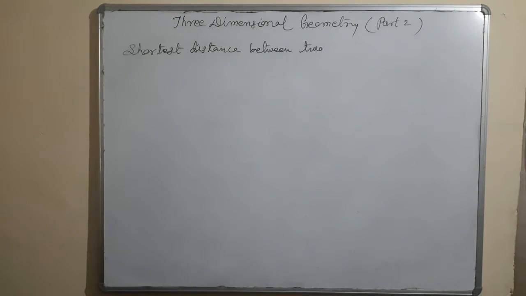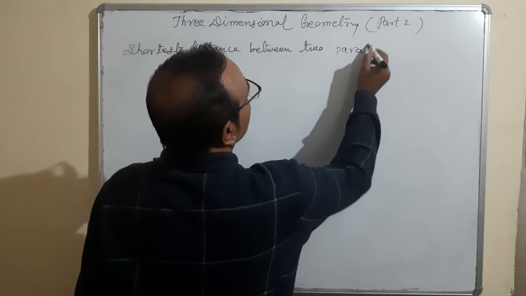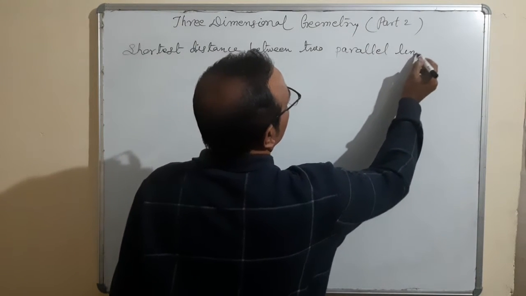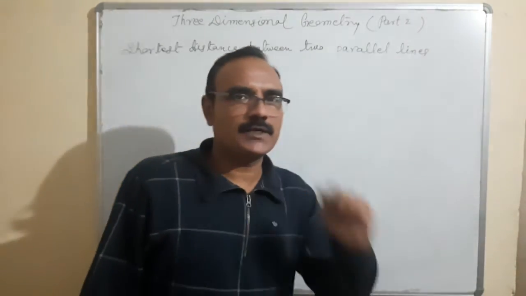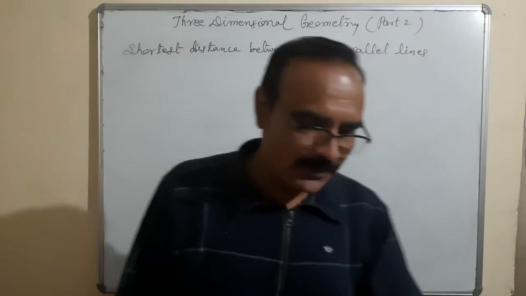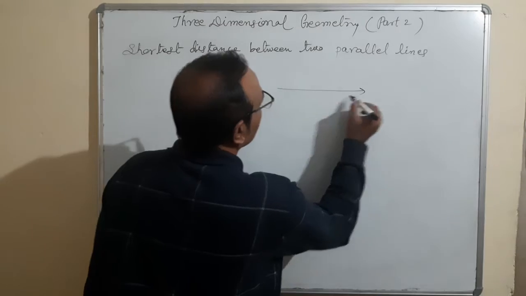Shortest distance between two parallel lines. We are talking about 3D, not 2D. So for the shortest distance between two parallel lines, the simple condition is that these two lines are there.